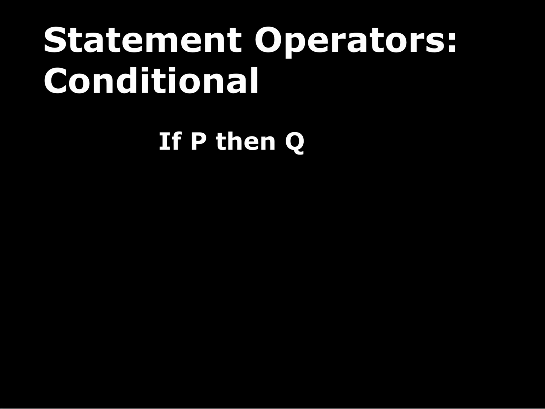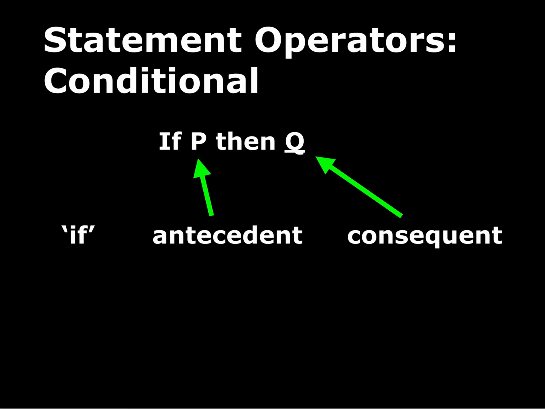For example, if the statement is if P then Q, notice it's if, that tells us it's a conditional, and it also means that it's not only if, it's just if. So the statement immediately following the if is the antecedent. So here P is the antecedent. The other component, in this case Q, will be the consequent.